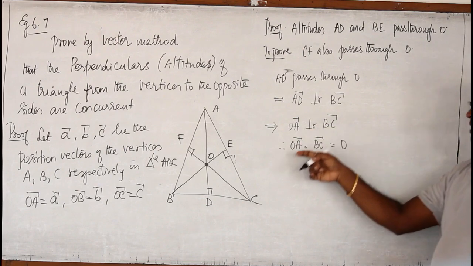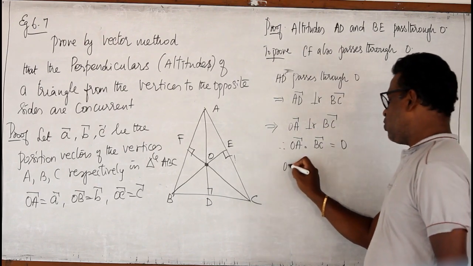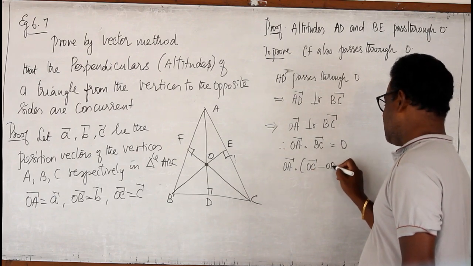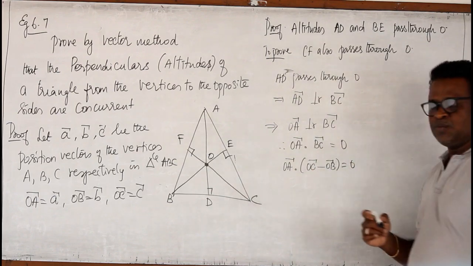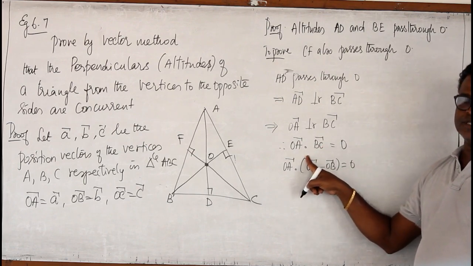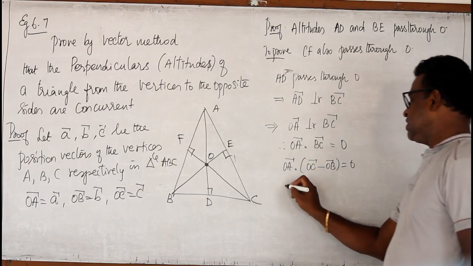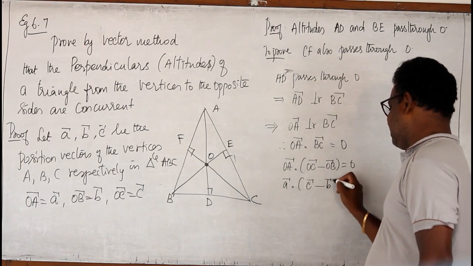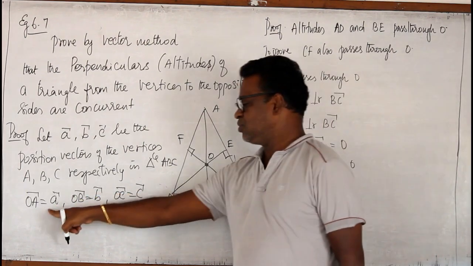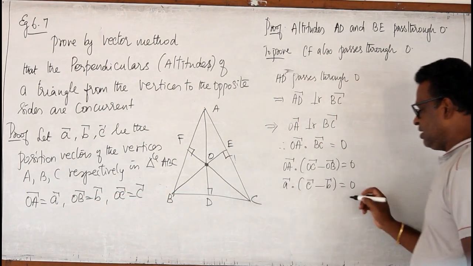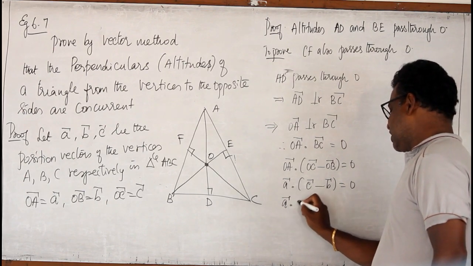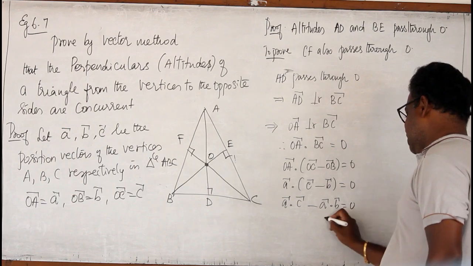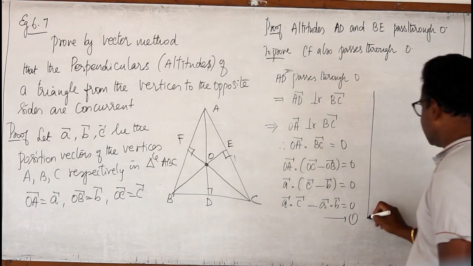Two vectors are perpendicular, the dot product is 0. Now, BC can be written as OC minus OB vector, as per the definition of the position vector: position vector of the second point minus position vector of the first point is the vector. So, it is A vector dot (C vector minus B vector) equal to 0, because we take OA as A, OB as B and OC as C. Dot product is distributive, so A dot C minus A dot B equal to 0. We keep this as 1.